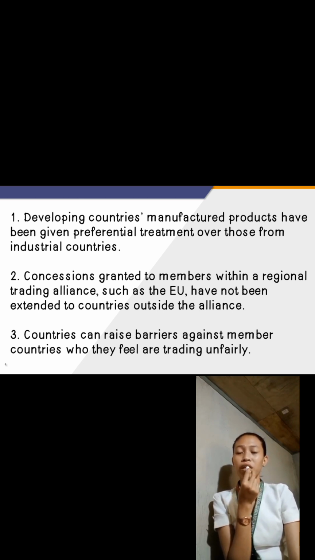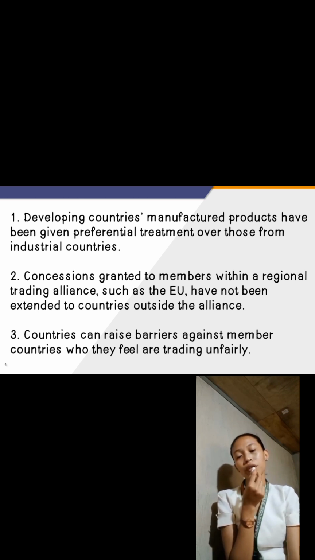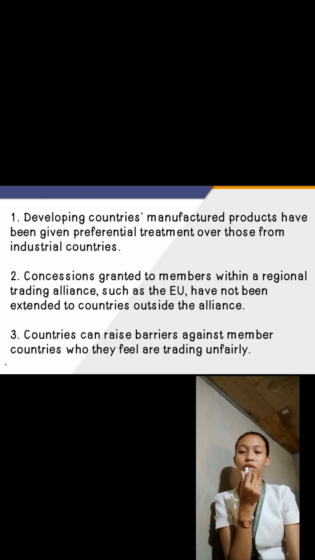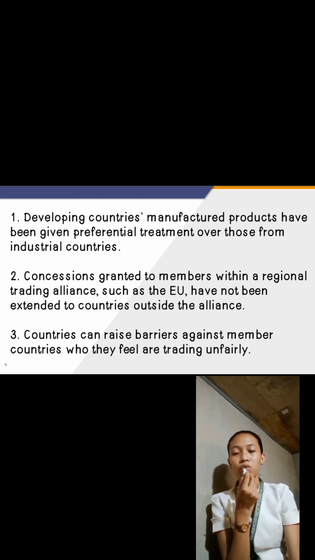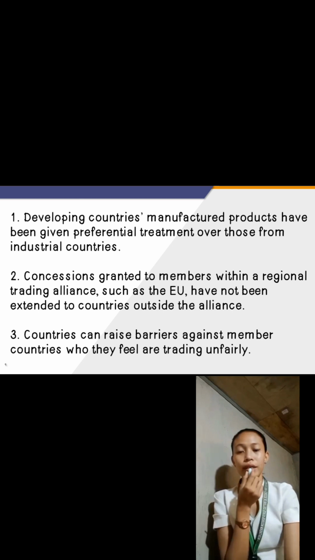This means products from developing countries like Indonesia can have lower taxes or get other advantages compared to products from industrial countries like the US or China, to help developing countries grow their economies.